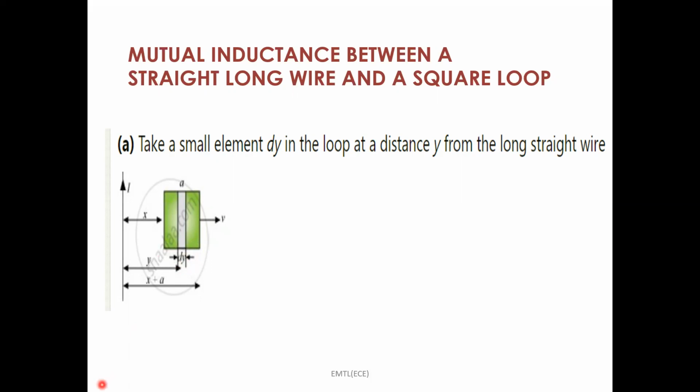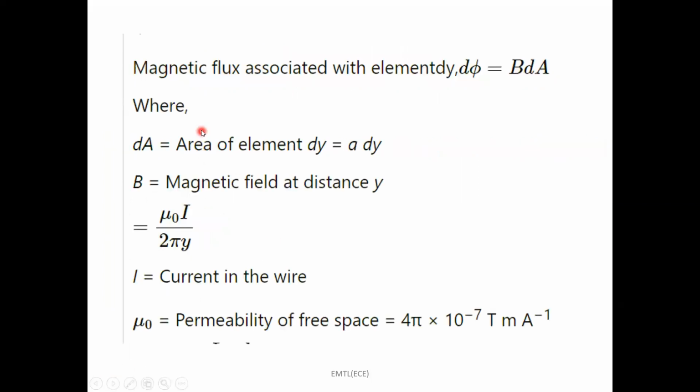Now, according to the definition of magnetic flux, d phi is equal to B into dA. Here phi is the magnetic flux, B is the magnetic flux density, and dA is the area. We have to calculate the area of the element dy.